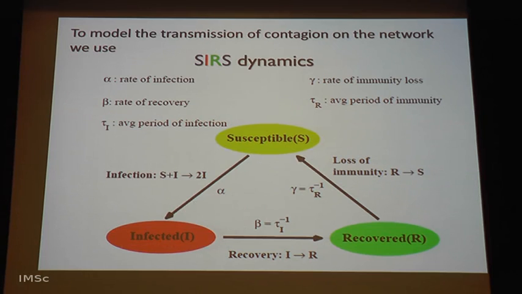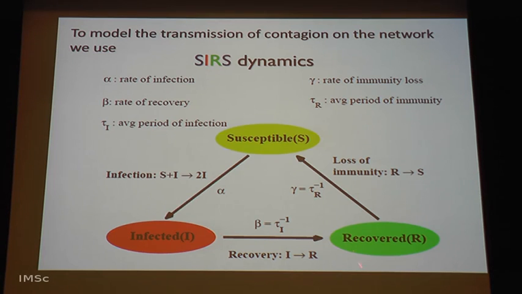For simulation, we used the SIRS dynamics. The SIRS model goes from susceptible to infected and infected to recovered. A susceptible person is infected with probability alpha, and the infected person goes to the recovered state after a period of tau I, say 5 or 10 days.